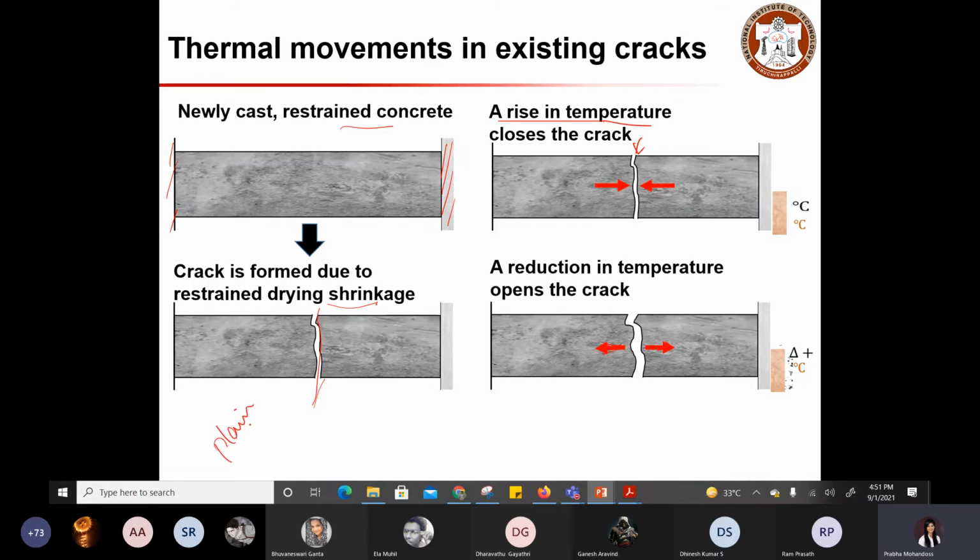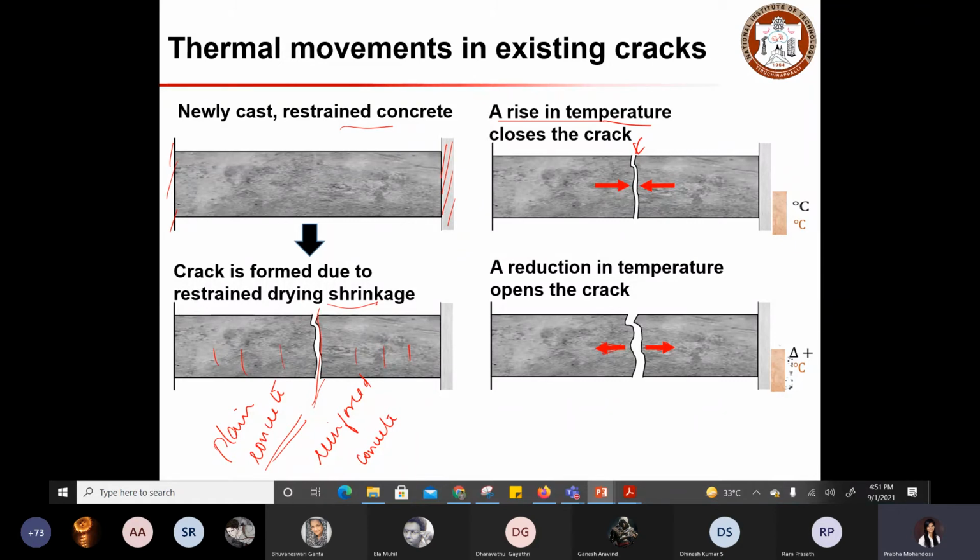If you have reinforced concrete, that is RC concrete, the cracks will be distributed because your steel will help you resist the tension better. So now we are focusing on plain concrete. When you have plain concrete and it is restrained, you observe such cracks due to drying shrinkage. Now what happens when the temperature increases?